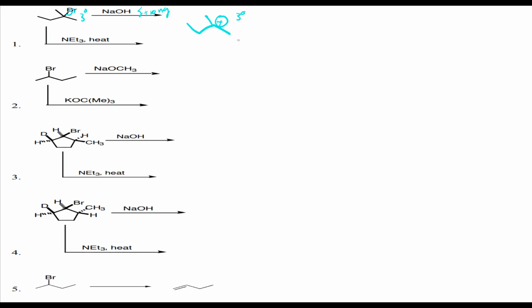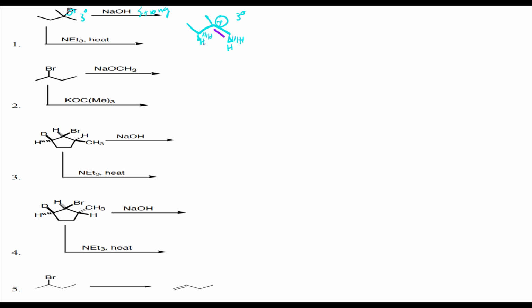That's really good, okay? After that, we have the beta hydrogens right here. And what am I going to prefer? Am I going to prefer these guys, or am I going to prefer these guys? It doesn't matter. All that matters is that I make the most stable product. So am I going to make a double bond over here, or am I going to do it over here?